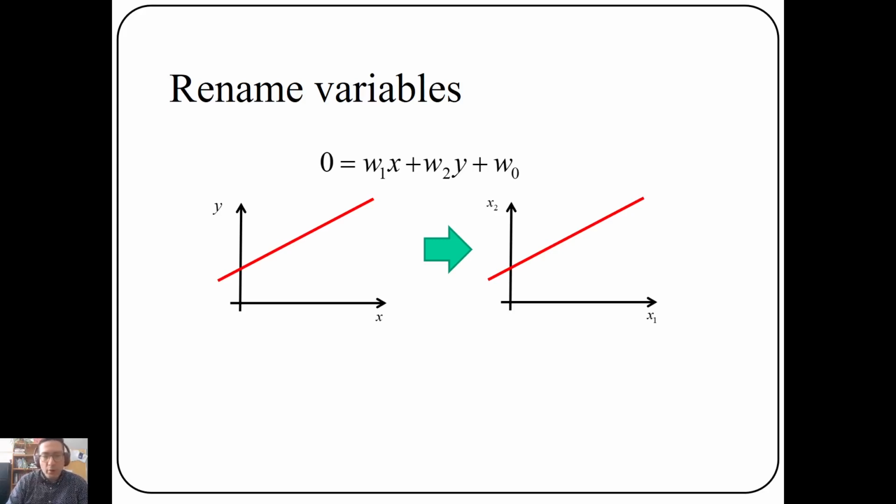So that would be more convenient. So in this way, we have this equation, W1 X1 plus W2 X2 plus W0. Now this equation here is still the equation of a line. I just reformulated the first definitions of a line that we had into something a little bit different, but still this is the equation of a line.